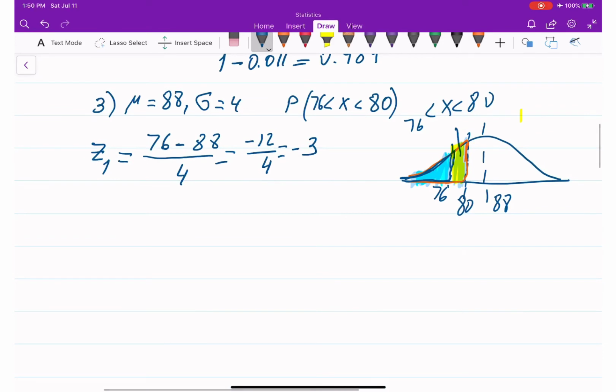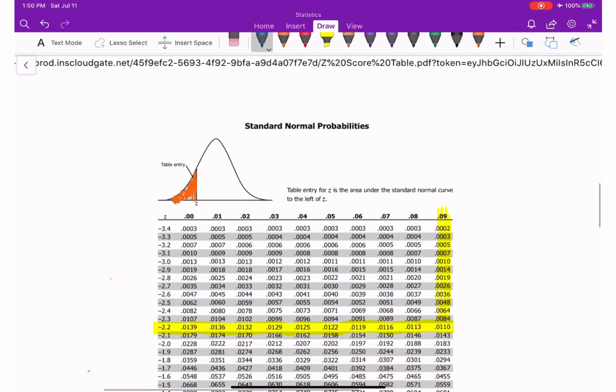Then from there we need to find the probability of z-score less than or equal to negative 3, which is the same thing as the probability of x less than 76, yes? Okay, let's go find negative 3.